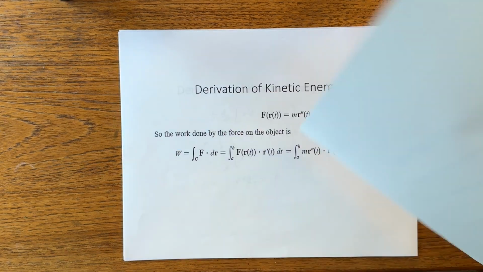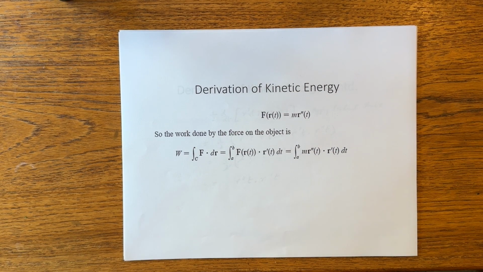Now we're going to move on to the derivation of kinetic energy, and it all starts out with work, right? We always go back to work done by a force on an object.